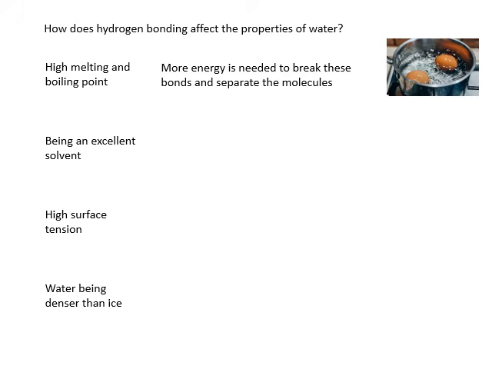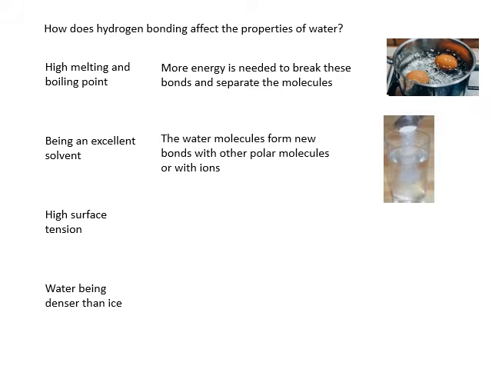And it has been said that if it wasn't for hydrogen bonds, there wouldn't be life on Earth, because life needs water. So it affects the melting point and the boiling point, because you need more energy to break the bonds. Water is an excellent solvent, particularly for ionic compounds or substances which have polar molecules.